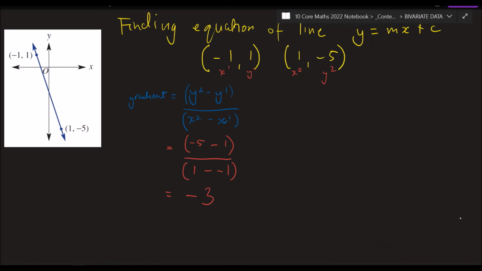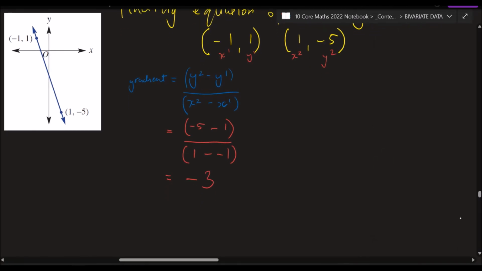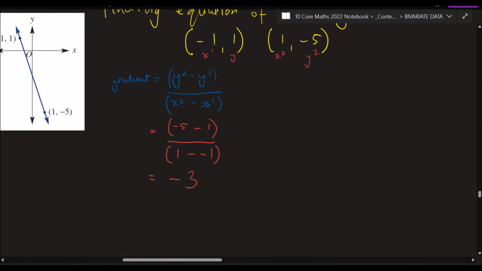Remember, this is the final answer, but it's incomplete. y equals, so far you have -3x plus, and now we're looking for c, the y-intercept. We don't know what c is, but I'll work that out here.